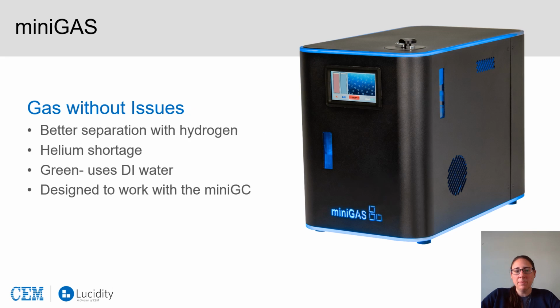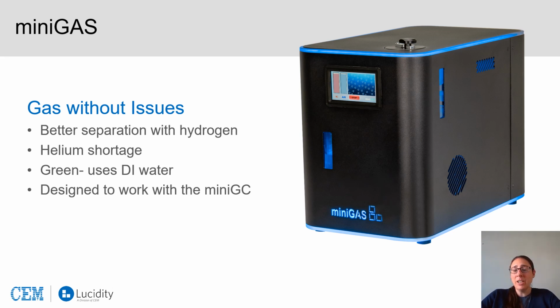So here just kind of expands upon that a little bit. For those of you who are running GC-FID currently, you're probably well aware that we're dealing with a worldwide helium shortage, and it's not something we're going to be able to make or recover from, right? This is a problem that is here to stay. And with that, helium is going to become more and more expensive, and we're going to have to think of other carrier gases.